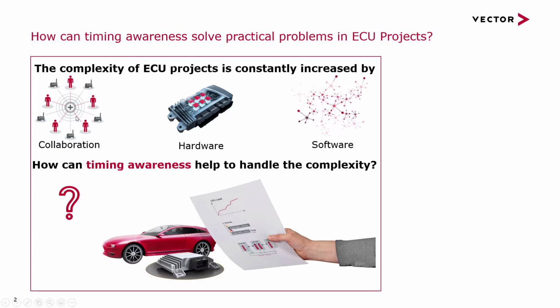I guess continuous integration and doing nightly builds, or at least weekly, is something quite commonly used. But one topic that comes in here as well is timing awareness. So how can timing awareness help to handle this complexity? When we're talking about timing awareness, one very common thing that is often looked at is the CPU load.